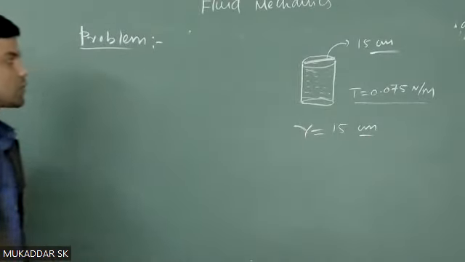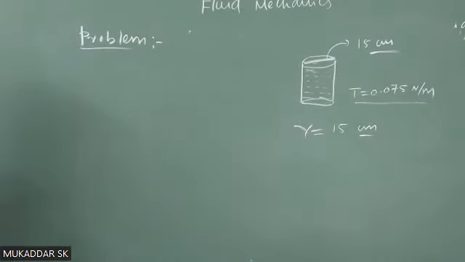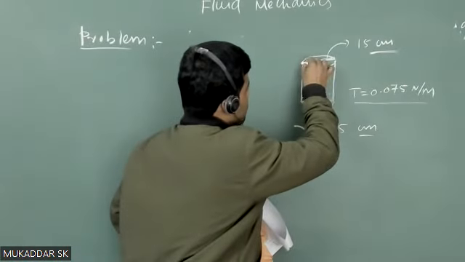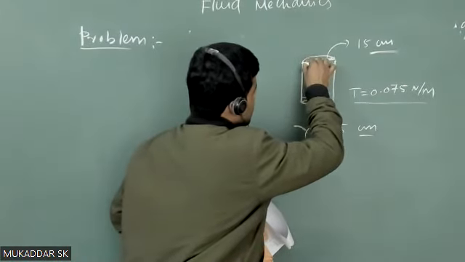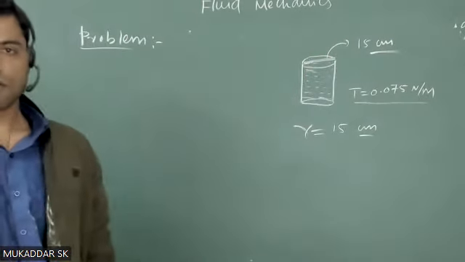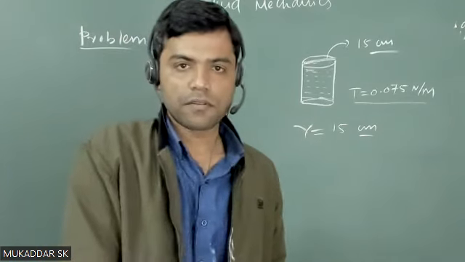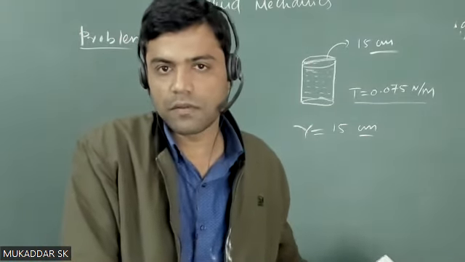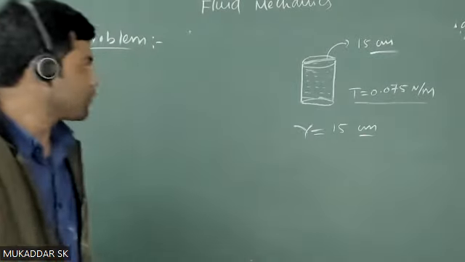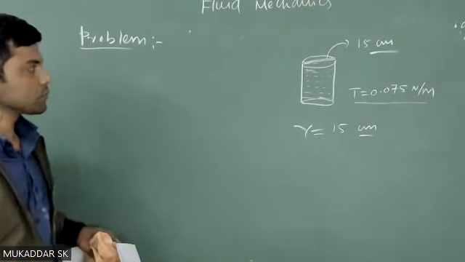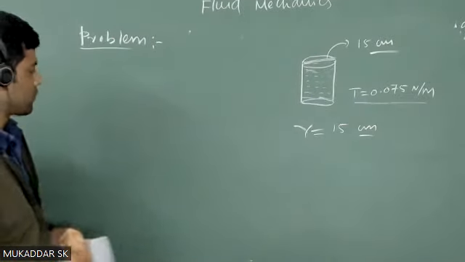So the question is, not net force, how much will be the force acting on the imaginary diameter of the surface of the water? So the force acting on the imaginary diameter of the liquid surface, how much will that be?